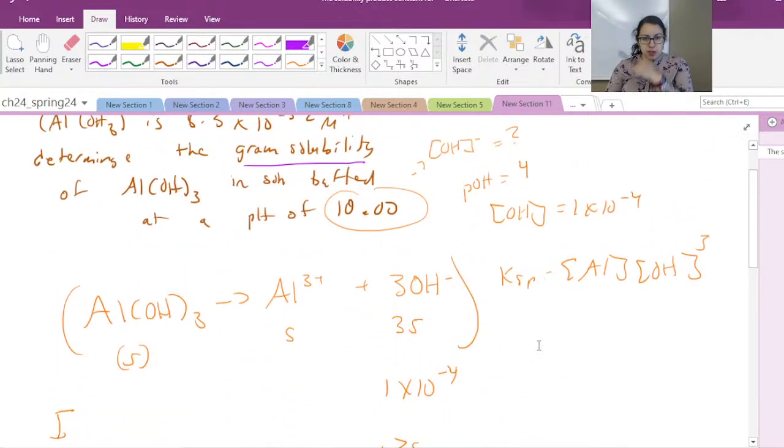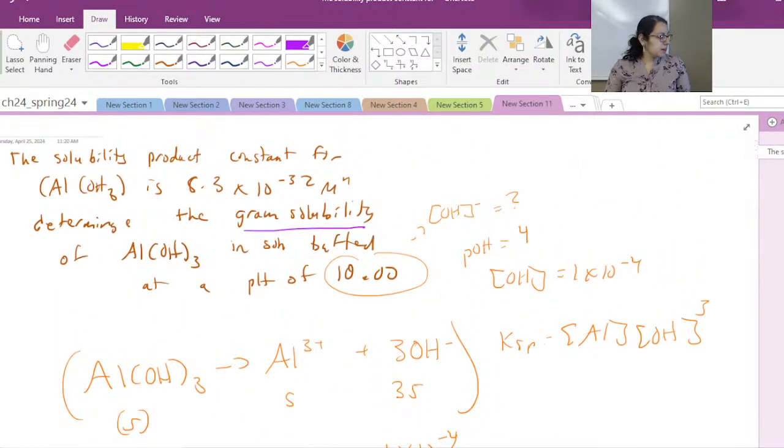So questions about that one? You will have one on your exam just like that one, just probably at a different pH. Where did you get that concentration of OH? It came from the pH, remember?